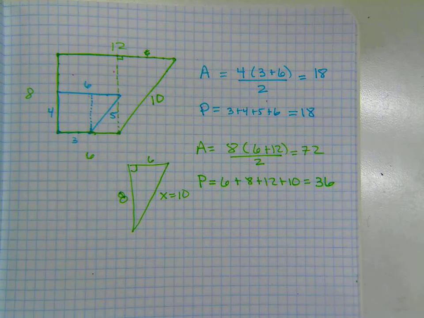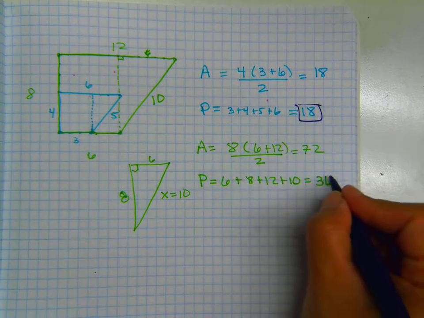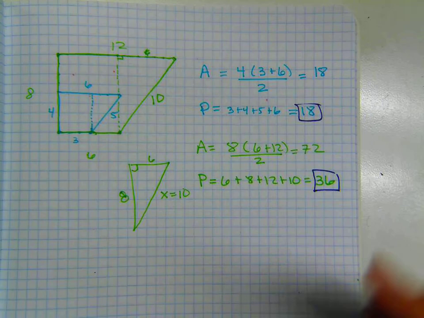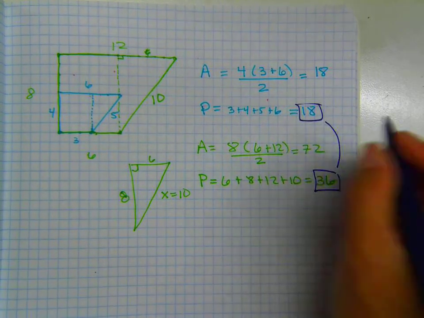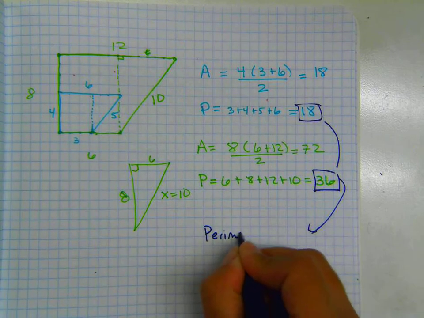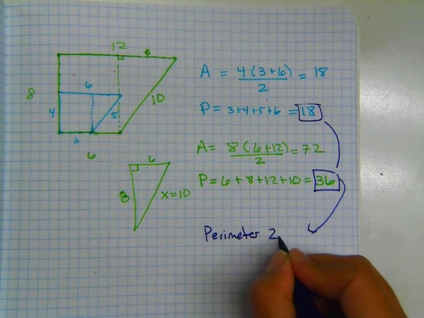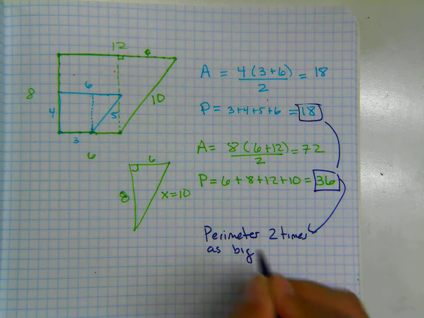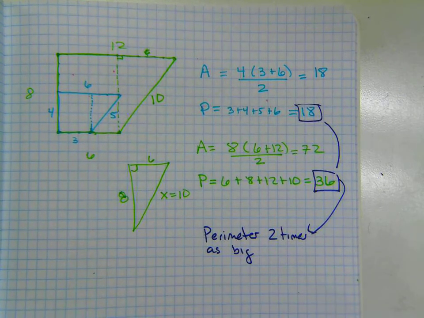Now it asks me, what do I notice? What do you notice when you compare the perimeters, when you compare the areas? So if I look at the perimeter of this one compared to the perimeter of this one, how much bigger did it get? Well, the perimeter got 2 times as big. All right, let's look at the area. I wonder if the area got twice as big as well.